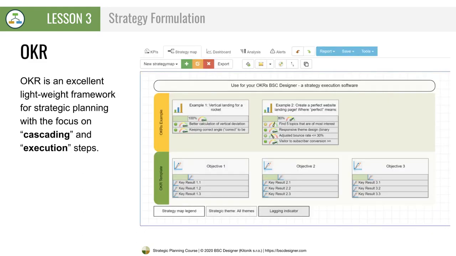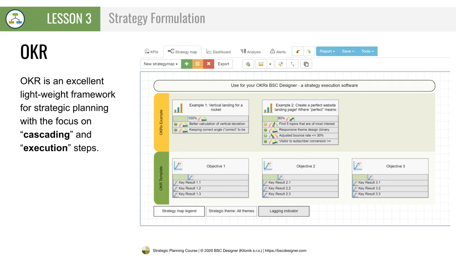OKR Framework. OKR stands for Objectives and Key Results. This framework is less prescriptive in the context of strategy formulation. The framework suggests focusing on few important objectives and defining them better with the performance metrics, key results.